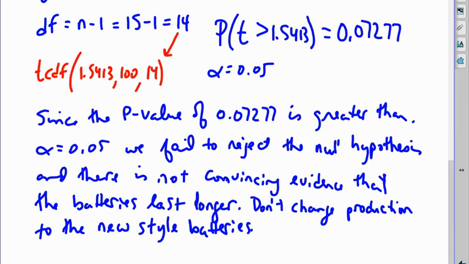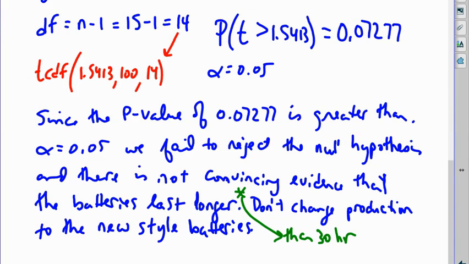Okay, so that's basically the conclusion there. I don't think that they last longer. Oop, I should say here than 30 hours. That was a close one. Put that right in there.